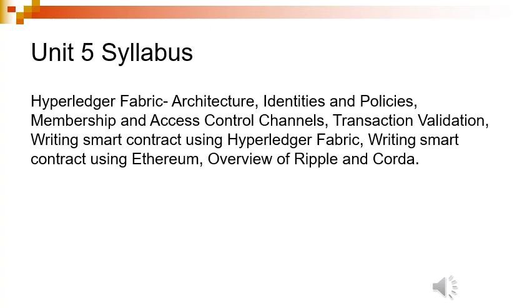And these components are pluggable, meaning if we need a component, then we can add it to the blockchain. If we don't need any component, then we can remove it from the blockchain. So Hyperledger Fabric provides plug and play features.